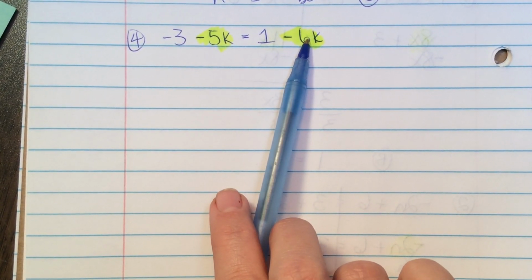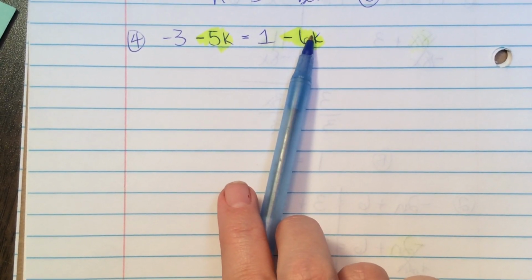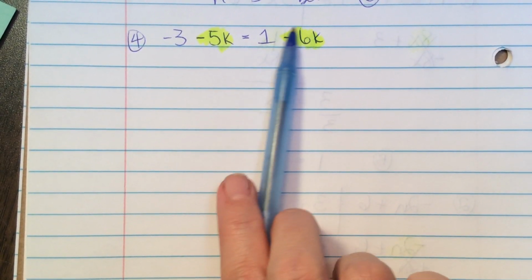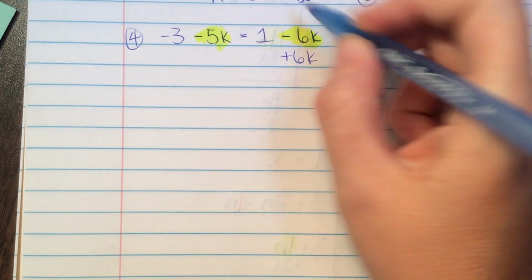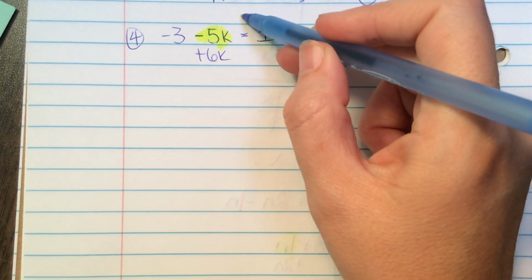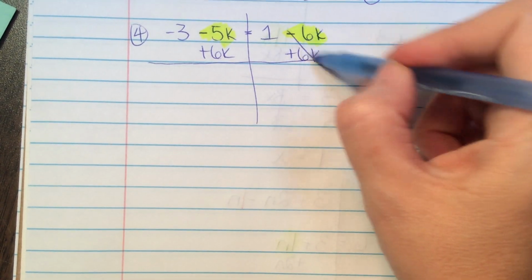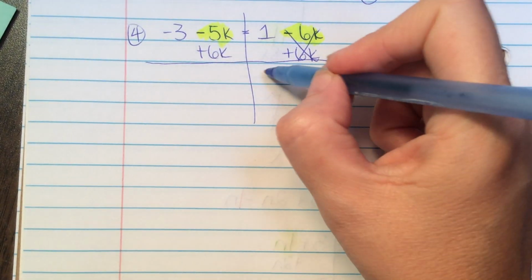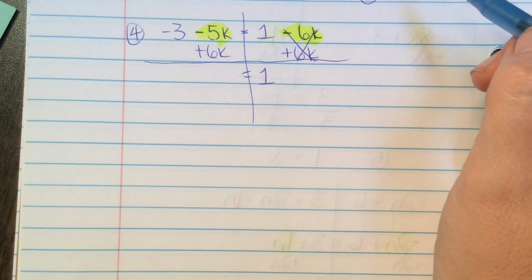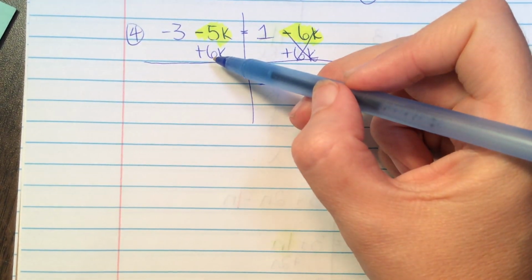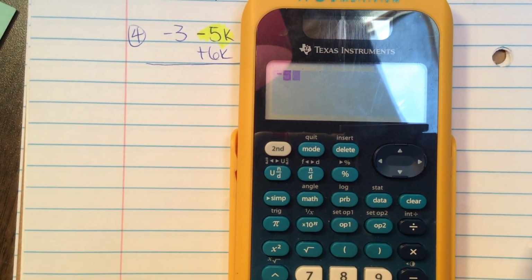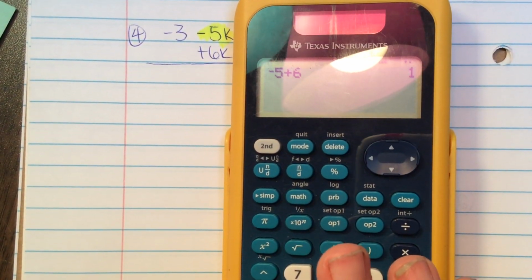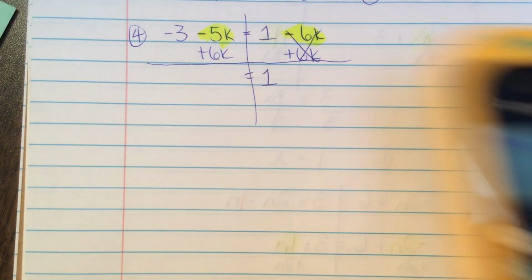But since they're negative numbers, 6 is going to be smaller because negative numbers work the exact opposite. So 6 is actually smaller. So we're going to add. And these are going to go away. And I got -5 plus 6, which is going to give me 1.